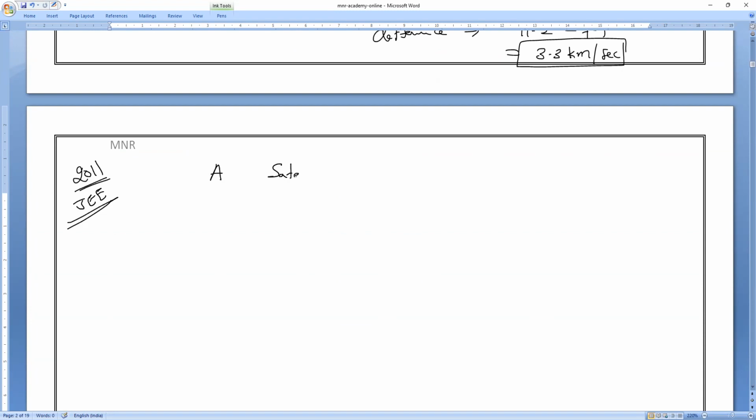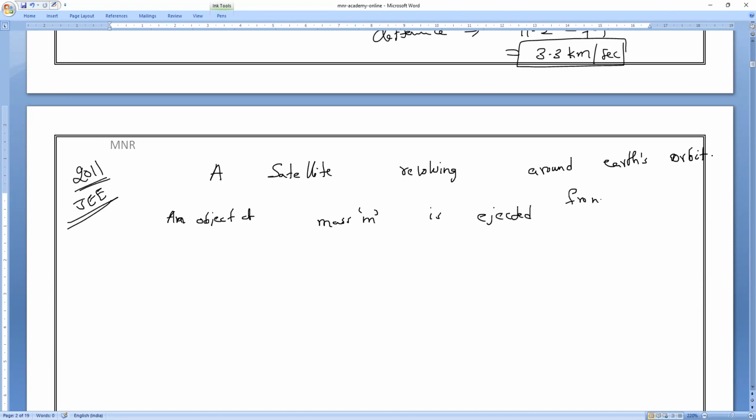A satellite revolving around Earth in orbit, an object of mass m is ejected from the satellite. Please remember that.